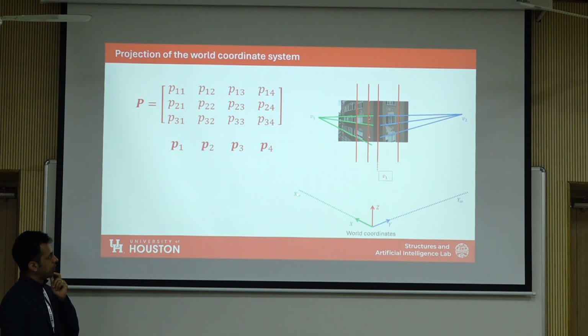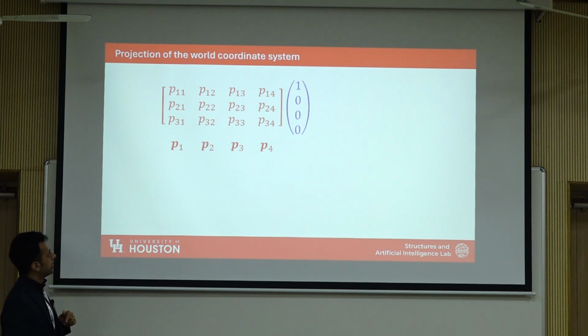But what is the world coordinate of x infinity? 1, 0, 0, 0, right? That's my real world coordinate of the infinitely far point. And when I multiply this whole thing with this, I'm just left with P1, which is this column vector.